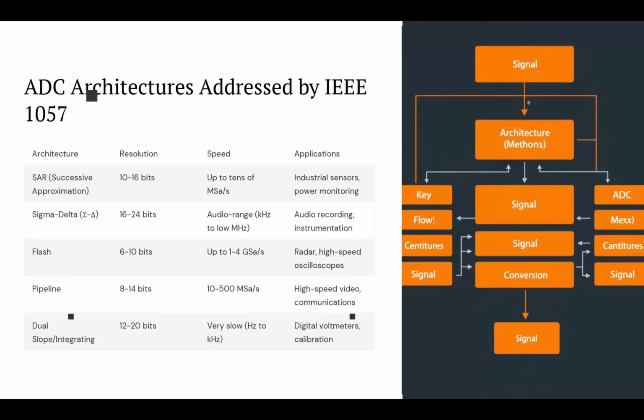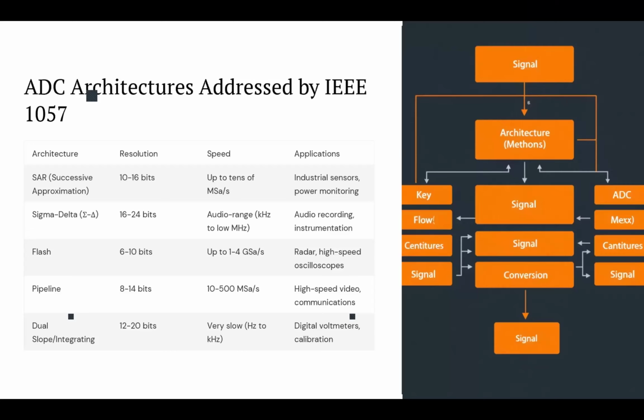You can understand that when your resolution increases, there is a trade-off: your speed is going to reduce and vice versa. So resolution and speed go against each other, and we have to have a trade-off based on the application. So this moderate resolution and relatively high speed makes them very good for industrial sensors. On the other hand, sigma delta has a higher resolution.